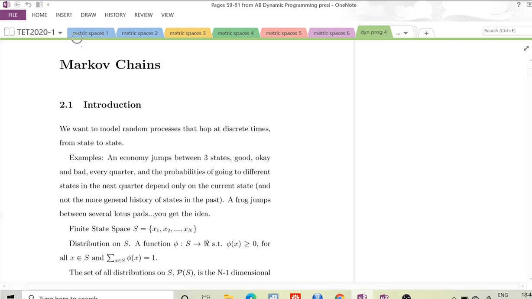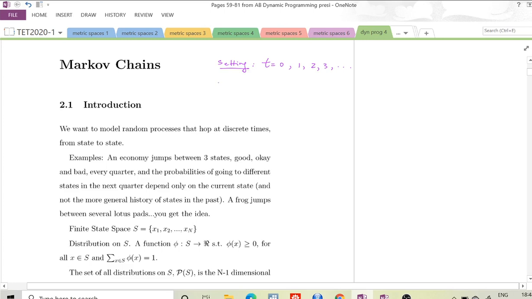So what's a Markov chain? Well, for us, here's the setting for a Markov chain. Time is discrete, okay? And whatever we are trying to describe, and I'll take a few examples, can be described by a state in any particular time period. And the number of states is finite.